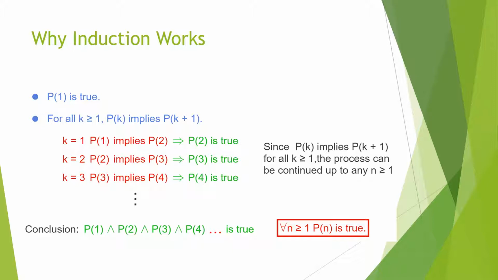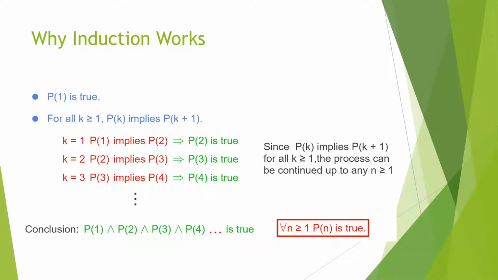As mathematical induction states, we first have to prove the basis case, which is P(1). Let's assume that we prove P(1) is true, and for every k greater than or equal to 1, P(k) implies P(k+1). This is what the inductive step states.